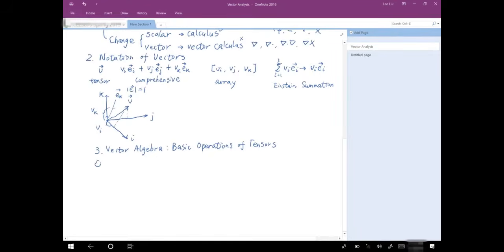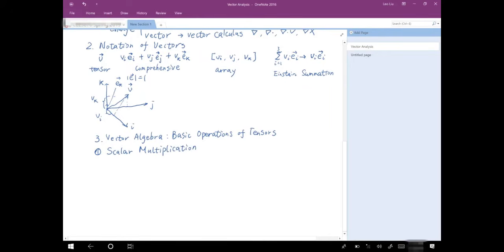And the first operation that we want to know about is scalar multiplication. So scalar multiplication is straightforward. It's just multiplying a vector by a scalar. In this case, alpha has no arrow above it, no bar above it, which means it is a scalar.